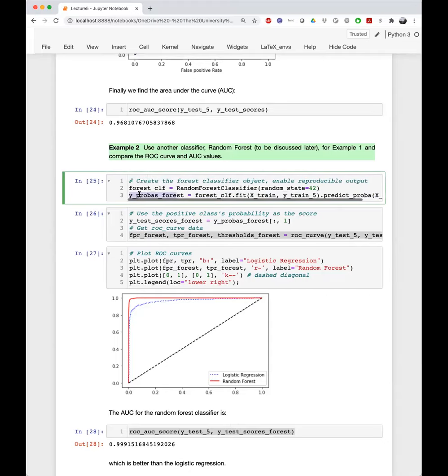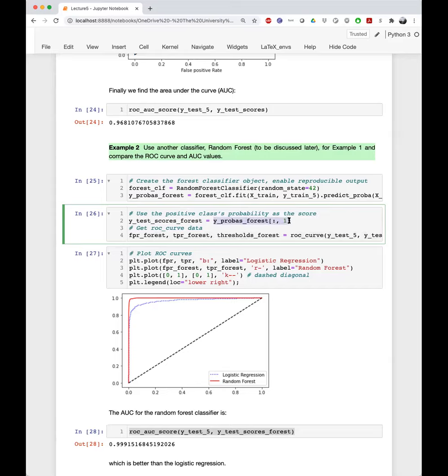We call it y_probabilities_forest. And these probabilities later will be used as scores. We take the second column of the probability. That's the probability for the positive class. The first one is for the negative class.